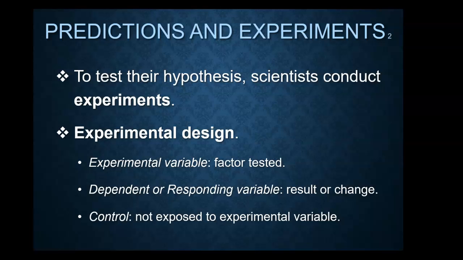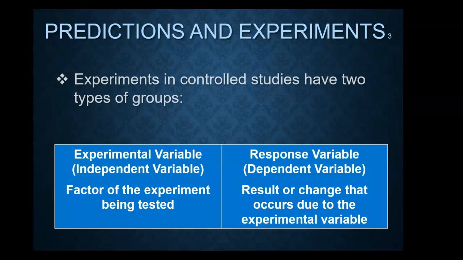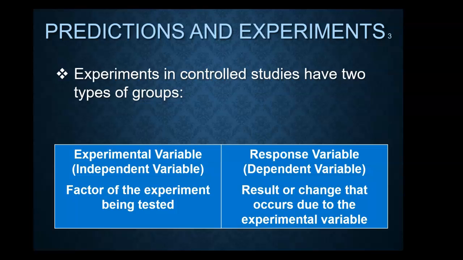So a lot of times, with the control group, one group is going to receive the actual thing that's being tested, then the other one will get water or some type of placebo, okay? Salt, sugar, whatever. Alright, so experiments and control studies usually have two groups.